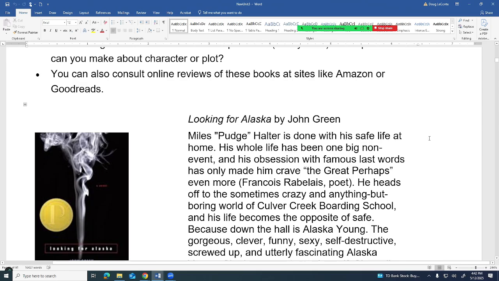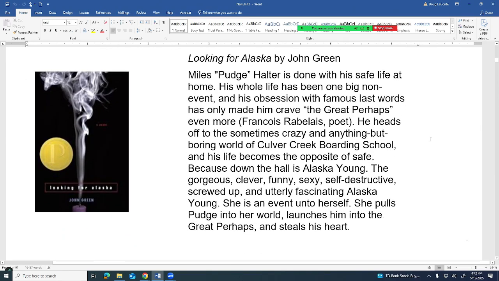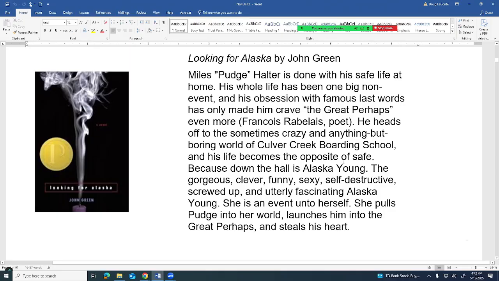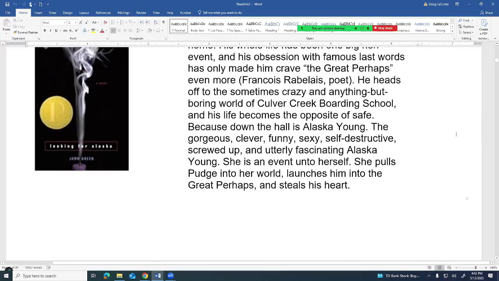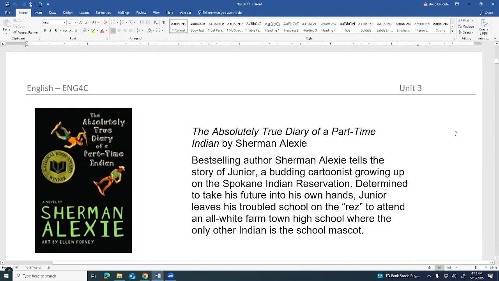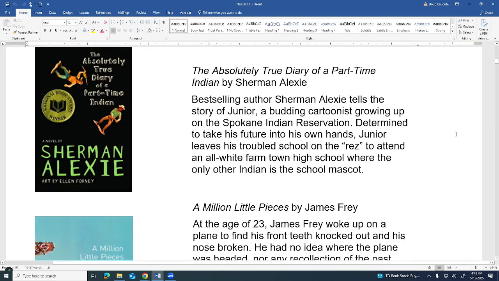So the first book is Looking for Alaska. That's a fun book to read. It's about some kids going to private school, in their case, down in southern United States. The next one on page 7 is The Absolutely True Diary of a Part-Time Indian by Indigenous author Sherman Alexie.